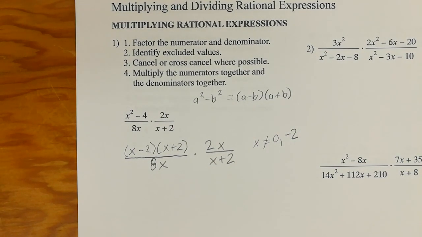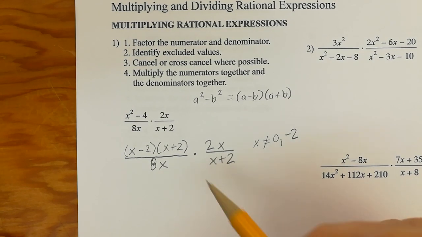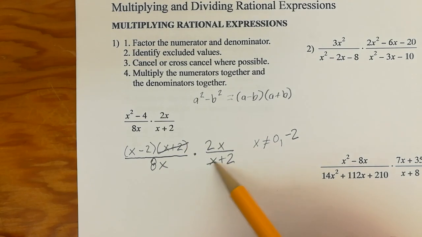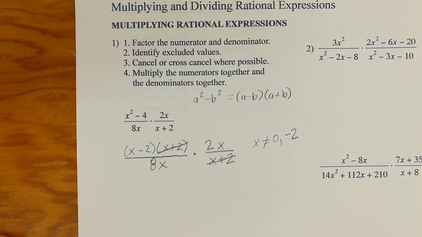Now what we do is cancel or cross-cancel. Even though it's not written like a single fraction, we can consider it a single fraction. And you could cancel out this with that, because eventually they're going to go together anyway, and one would be on top of the other.